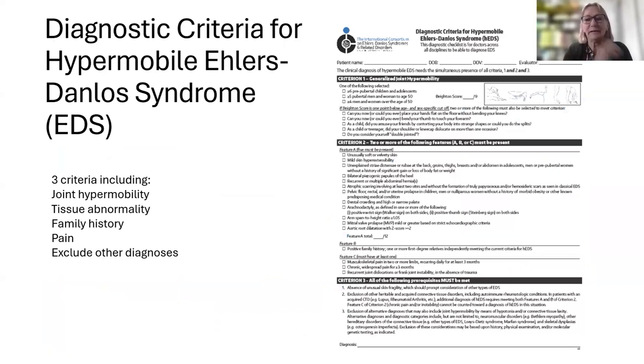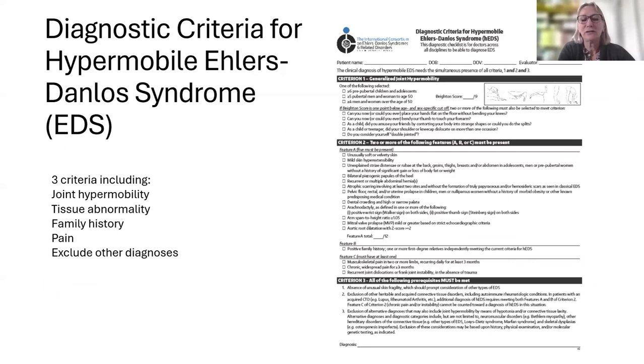There we go. And then there's the diagnostic criteria checklist. And this is what people should be using to make the diagnosis. And there's 3 criteria. The first is about joint hypermobility. The second criterion covers skin or tissue abnormality, plus family history, plus pain.